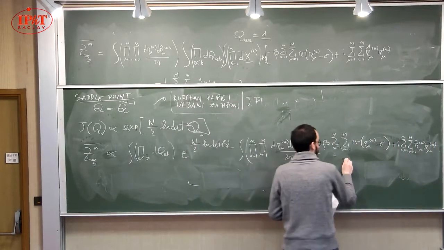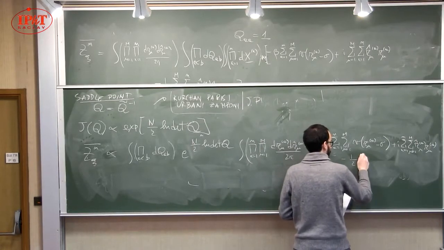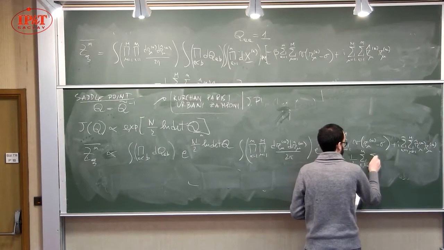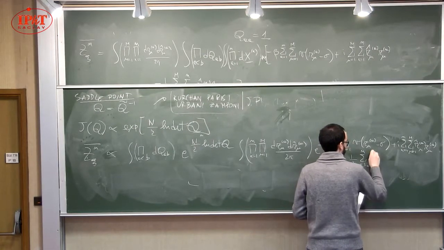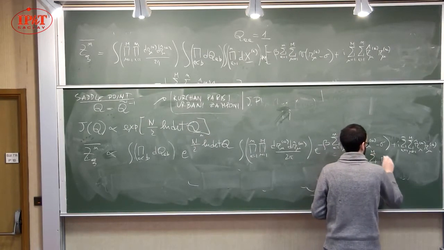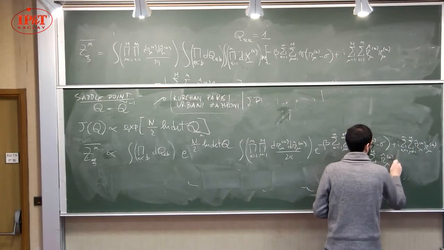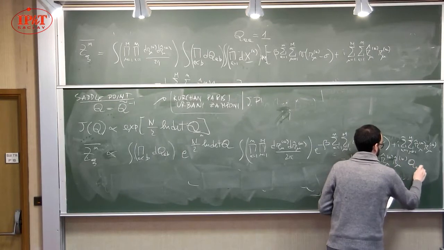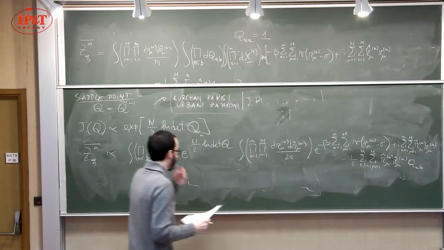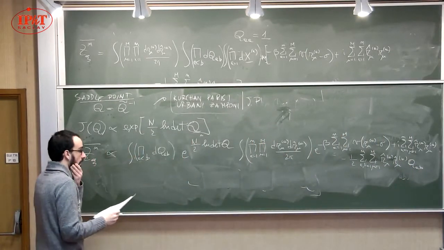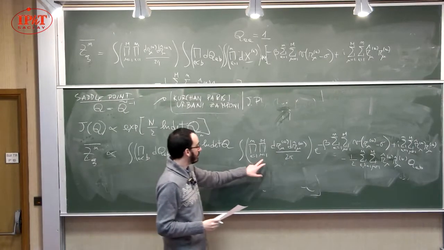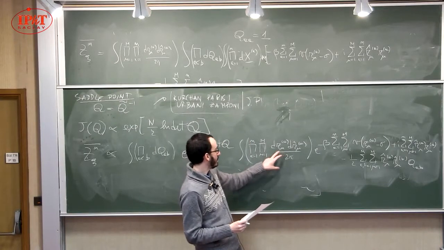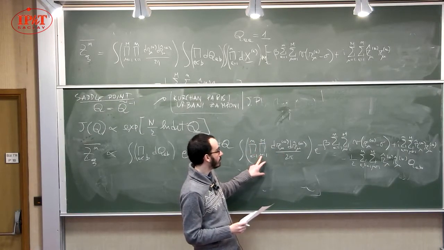And then here again I have... okay. So now you see that the integral over these variables is decoupled in the index mu, right?